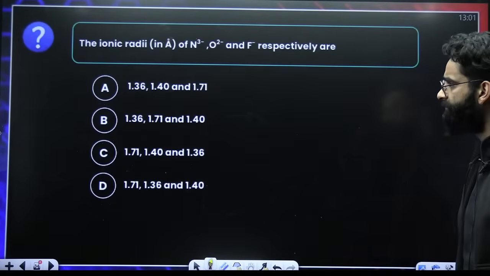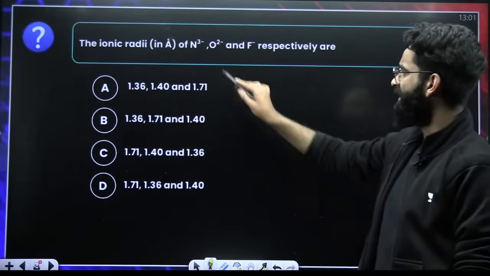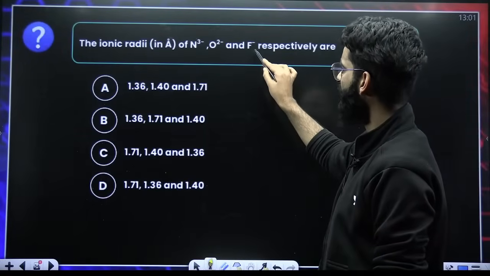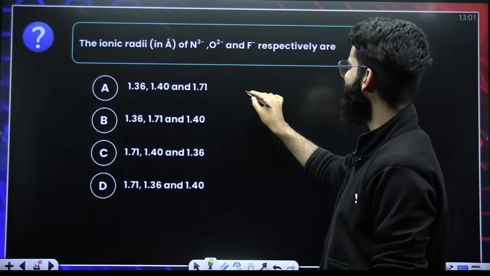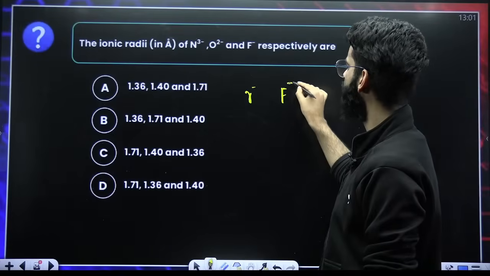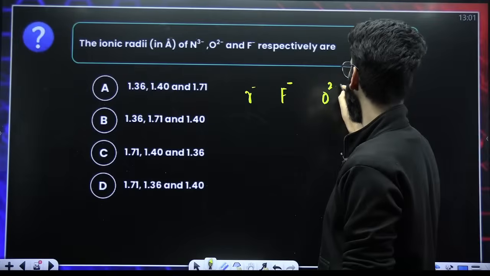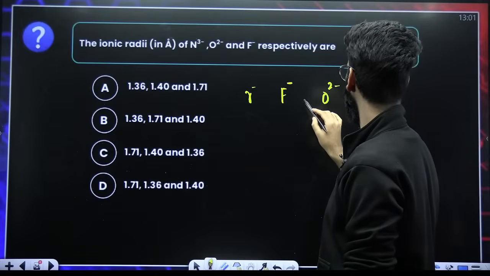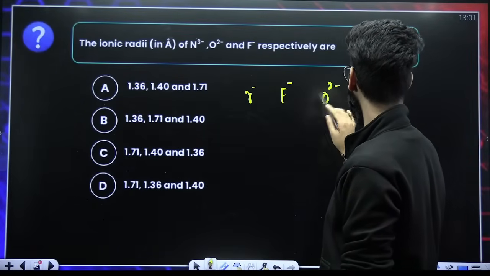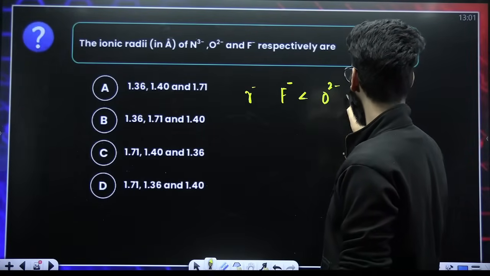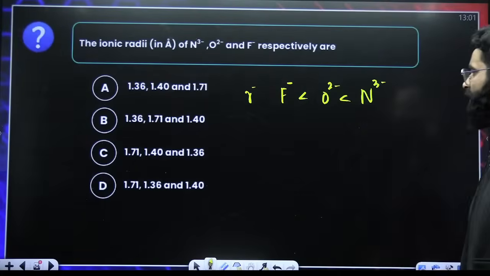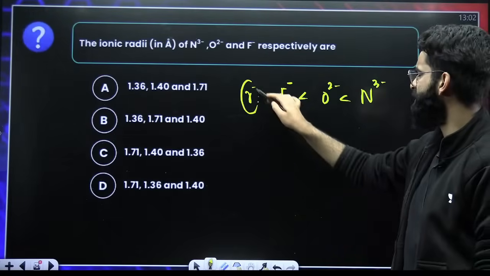What about this one? Ionic radius. See, these are isoelectronic species. Least radius will be for F negative. Maximum radius will be for N tri-negative, and O di-negative is in the middle. So this is the order of the radius.